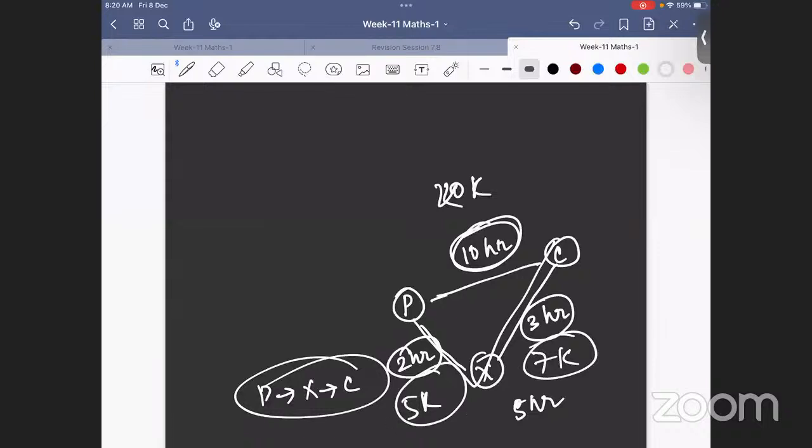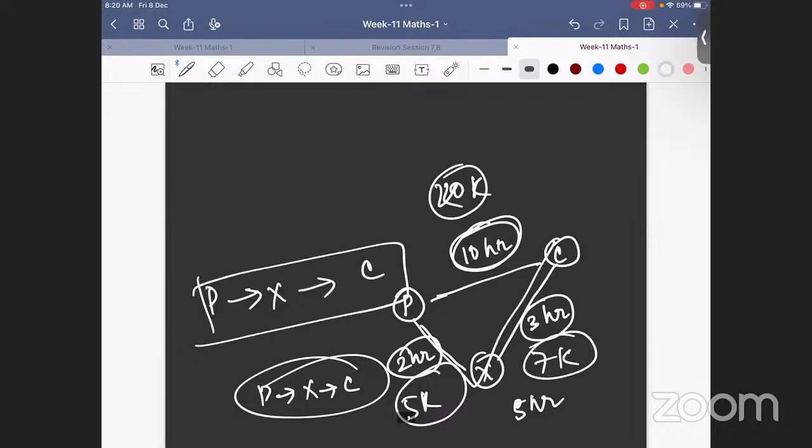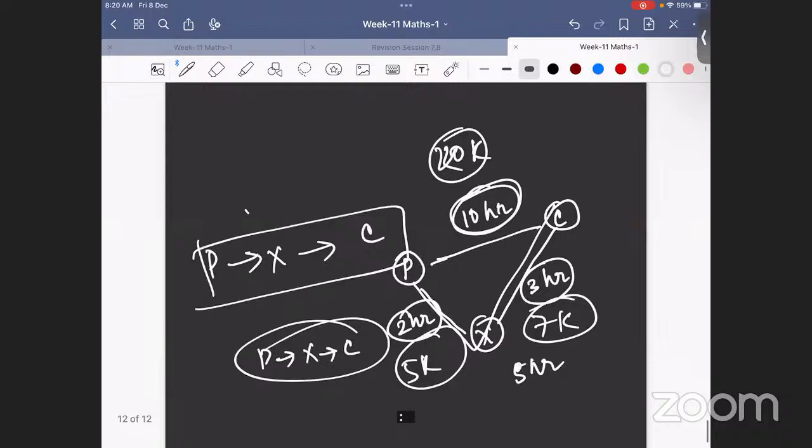If you have to manage the prices, you can think of going like this, right? This can be your best way to go from P to X and X to C, because it will be time saving, and money saving also. So you'll be able to save some 8K here, right?